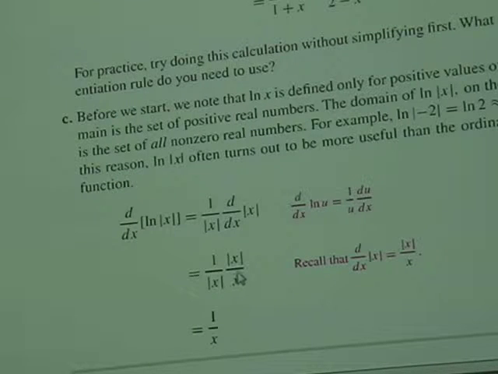When x is positive, what is this? It's x over x, which is 1. And when x is negative, what is this? It's negative over positive of the same magnitude, so that's negative 1. So it could be written like this. You get this over this, and finally you get this. So what's the derivative of this? 1 over x. Okay? And you're going to need that fact in various problems.